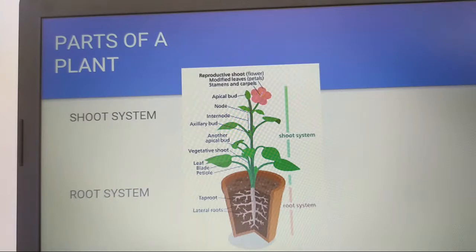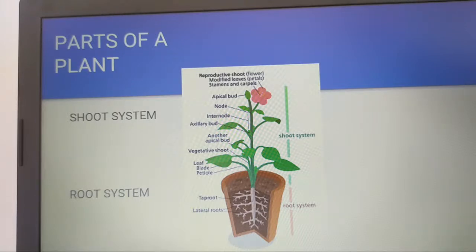Then you can take out a small plantlet. Don't waste all the 5 plantlets. Just take out a small plantlet. You will find there is growth in that seed.